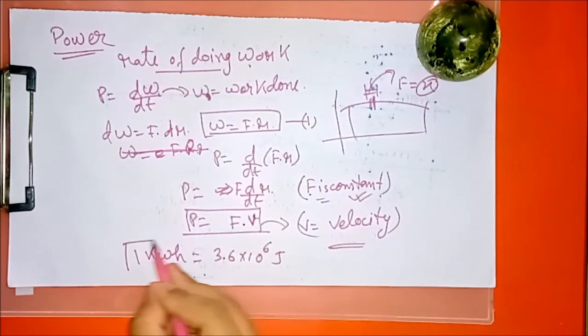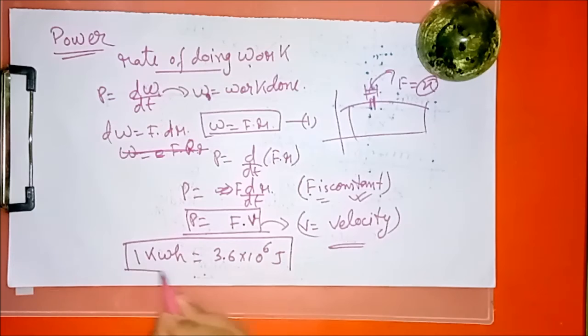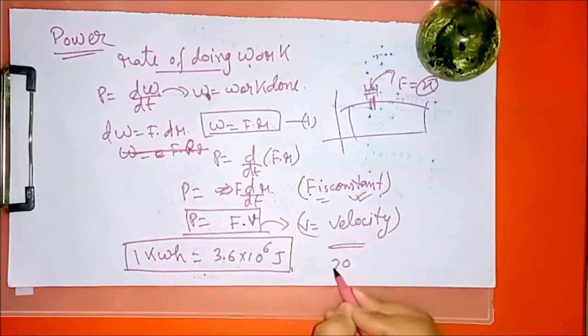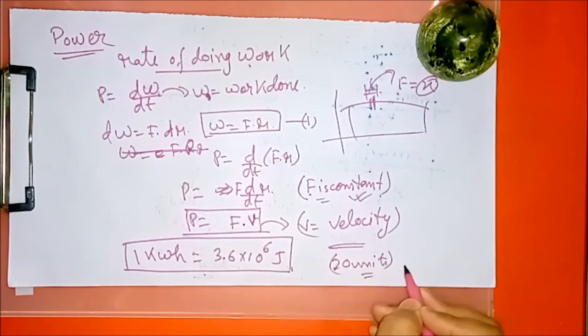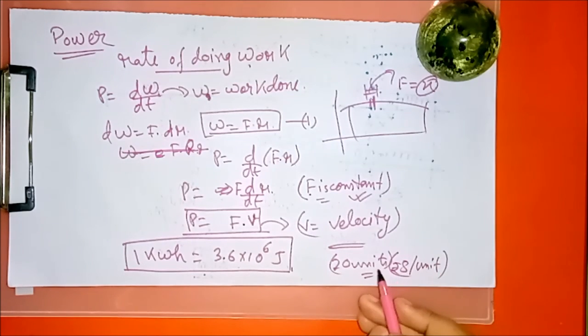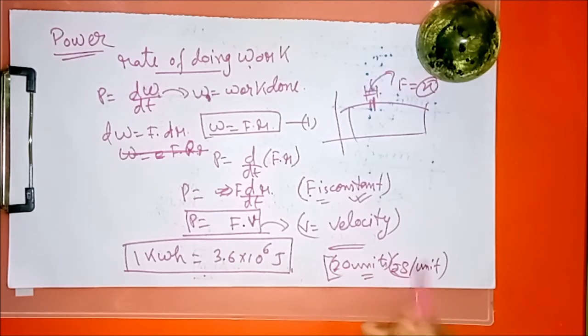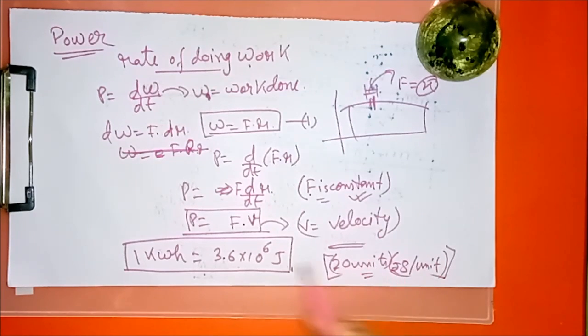Some numericals also come from this, like if 20 units of electricity are consumed and the rate is 8 rupees per unit, then what is the bill? This type of question comes. It is very simple, and we know that 1 kilowatt hour is equal to 3.6 into 10 to the power 6 joule, which is 1 electrical unit.